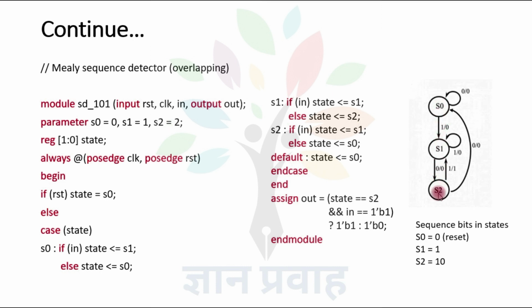For representing these 3 states, we require 2 flip-flops, and the possible combinations are 00, 01 and 10, with decimal equivalents 0, 1 and 2. So we are defining these constant values here: S0 = 0, S1 = 1, S2 = 2 using the parameter keyword.